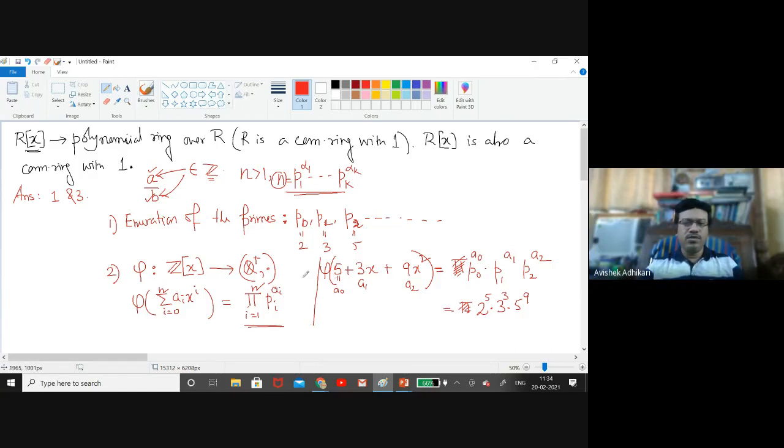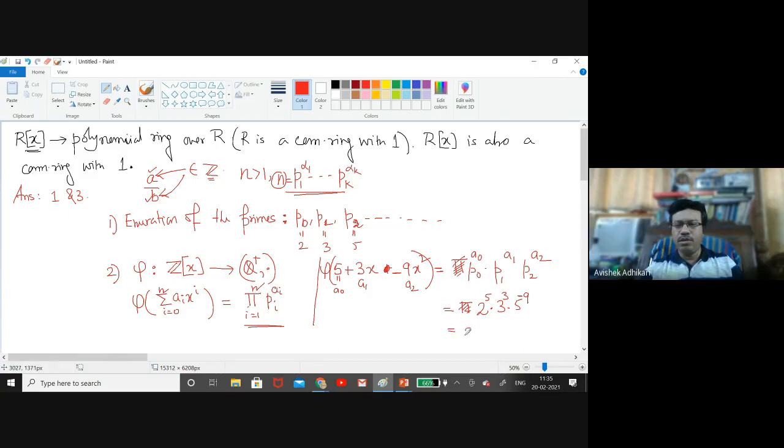So he defines a function. It's no doubt that all of them are positive real numbers. Now what happens if you have something negative? Instead of 9 I might have minus 9. Then it's simply 1 by 5 to the power 9.